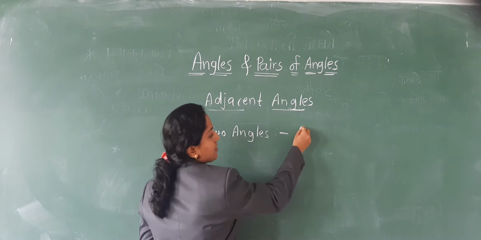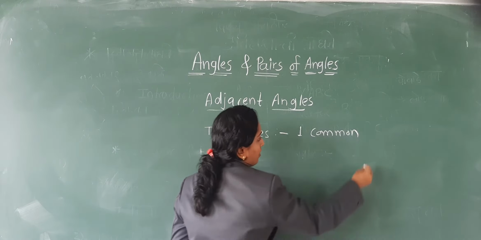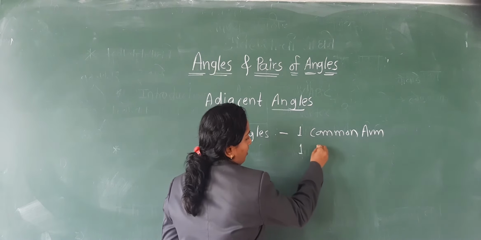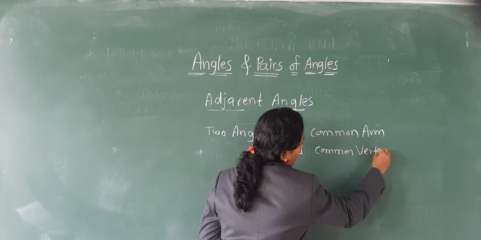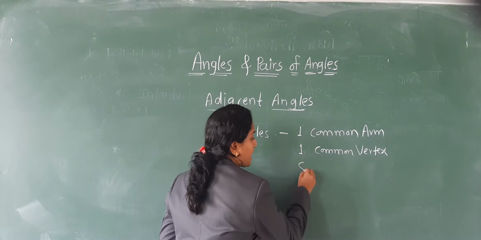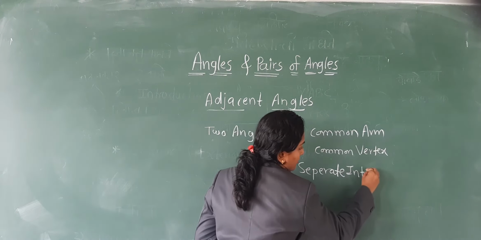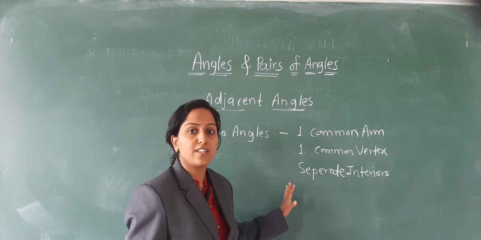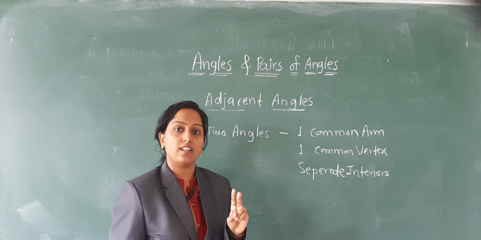If two angles have one common arm, one common vertex, and separate interiors, if all three conditions are fulfilled, at that time we can say two angles are adjacent angles.